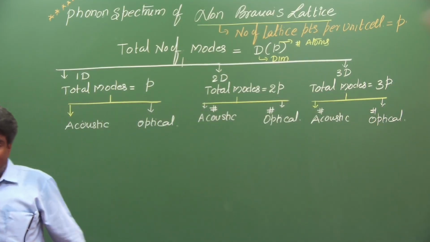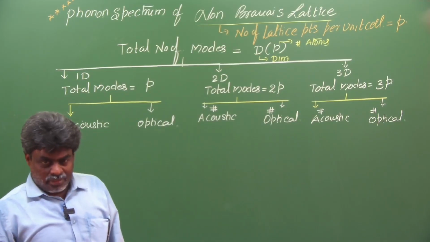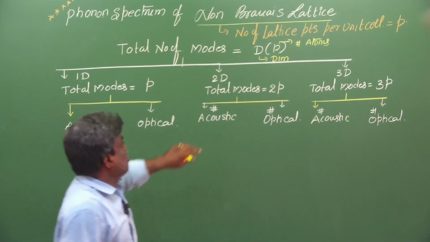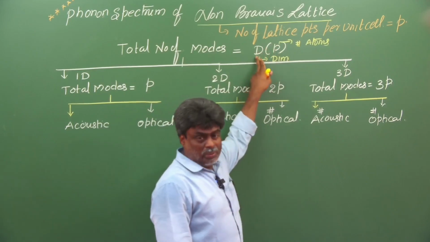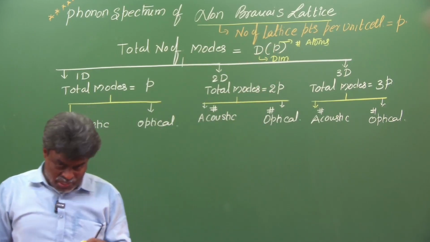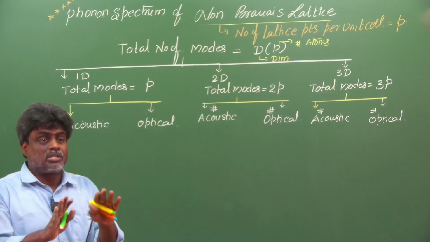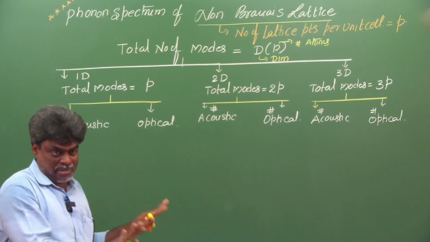There are 3 atoms. Then how many total modes of vibrations exist? 3 into D. If it is 1 dimension, 3. If it is 2 dimensions, 6. If it is 3 dimensions, 9. That is the total modes of the phonon spectrum.